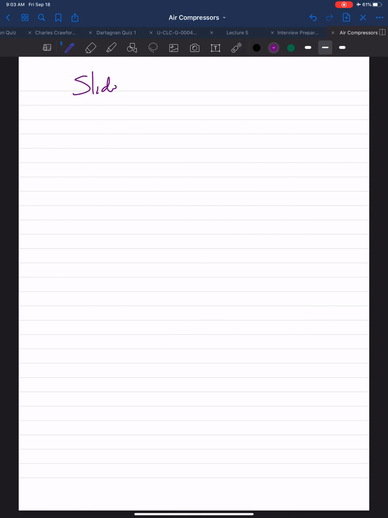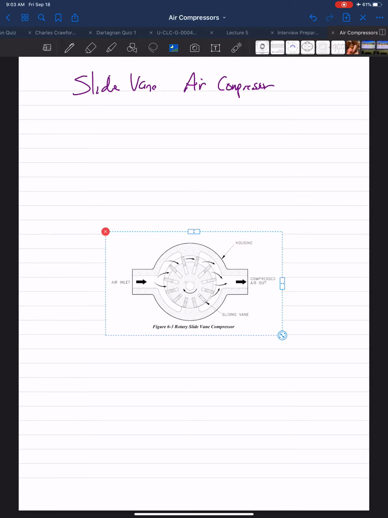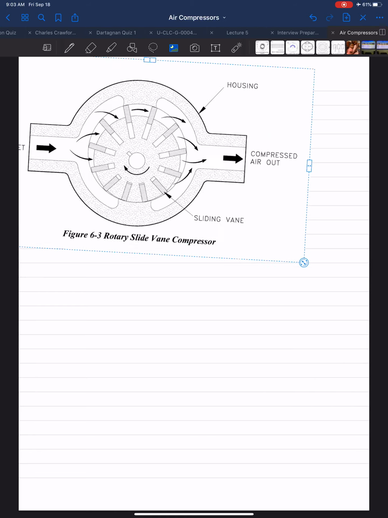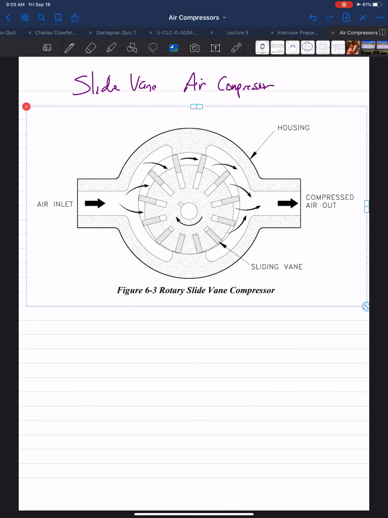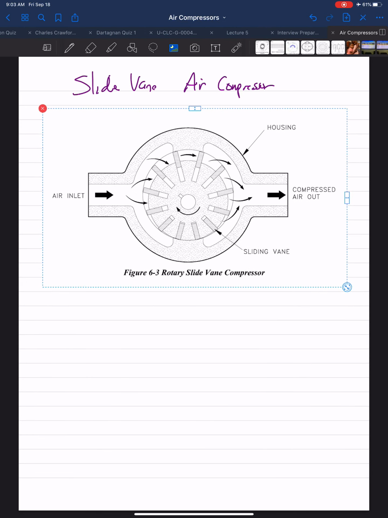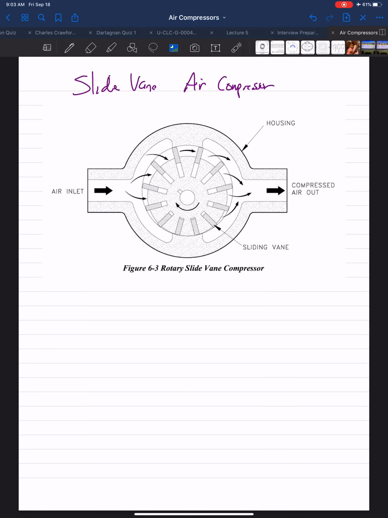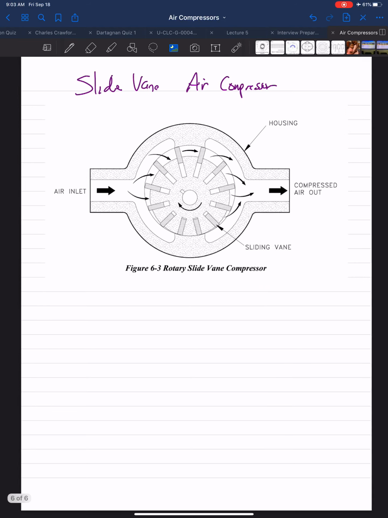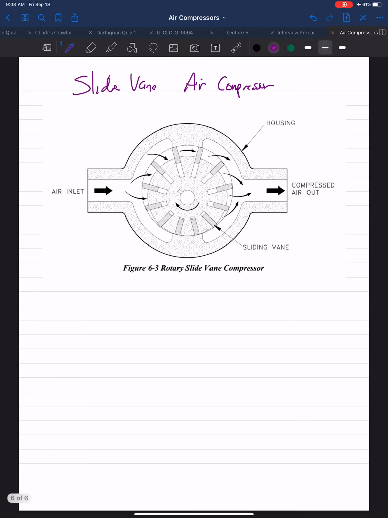So your slide vane air compressor: these are the slide vanes, and the rotation in this example occurs in a clockwise manner.